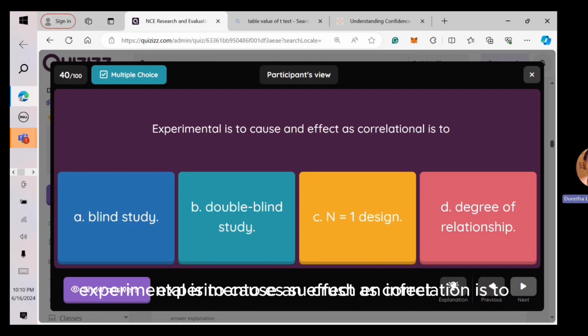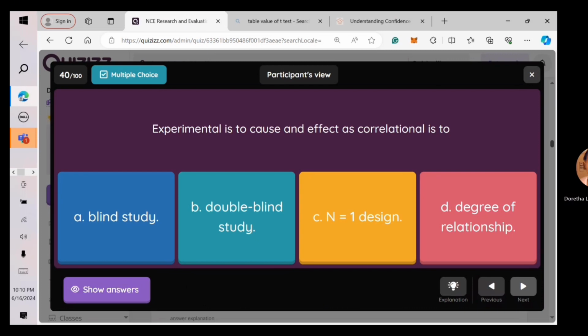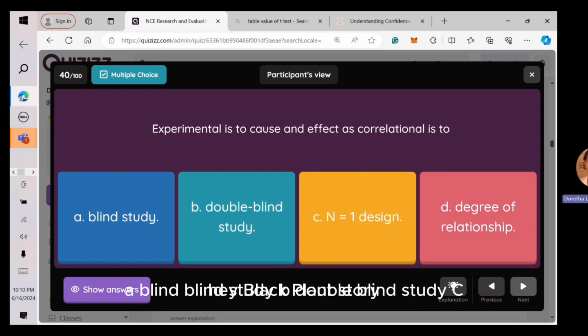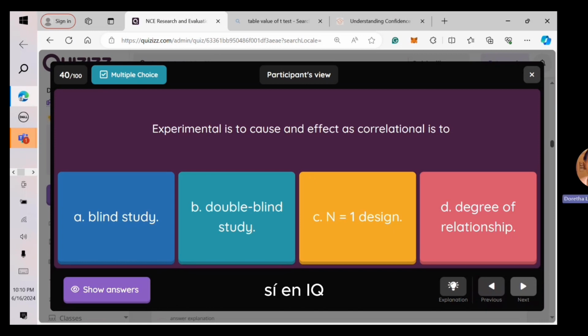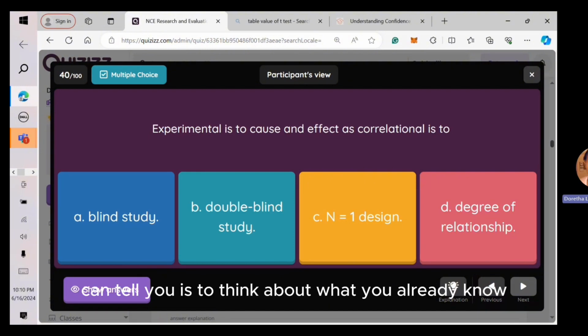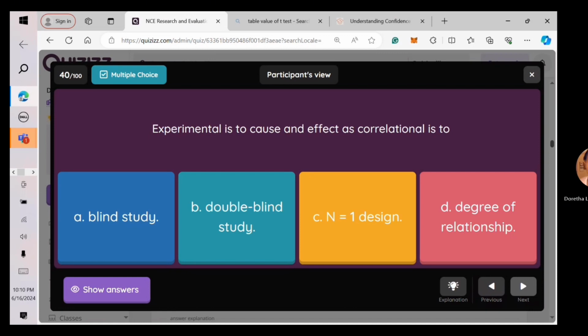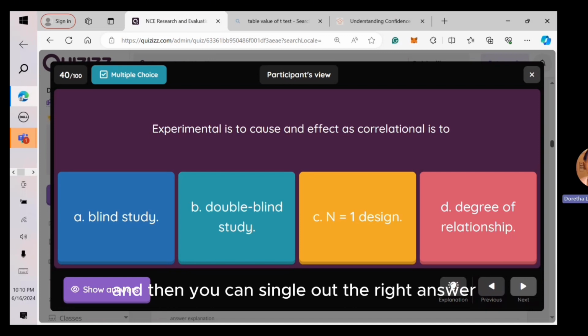Experimental is to cause and effect, as correlation is to A, blind study, B, double-blind study, C, N equals 1 design, and D, degree of relationship. Now, the best I can tell you is to think about what you already know and what we already talked about, and then you can single out the right answer.